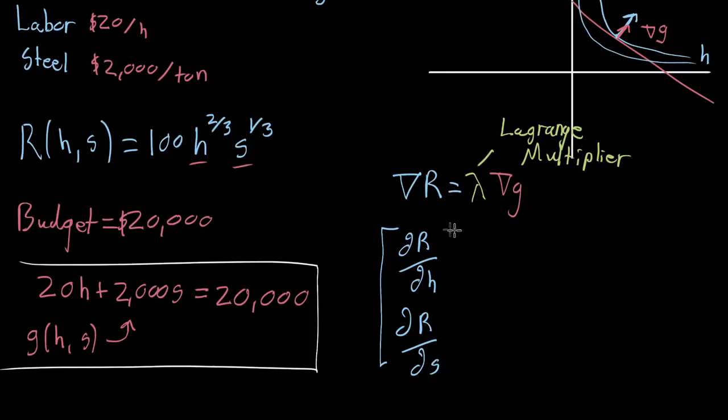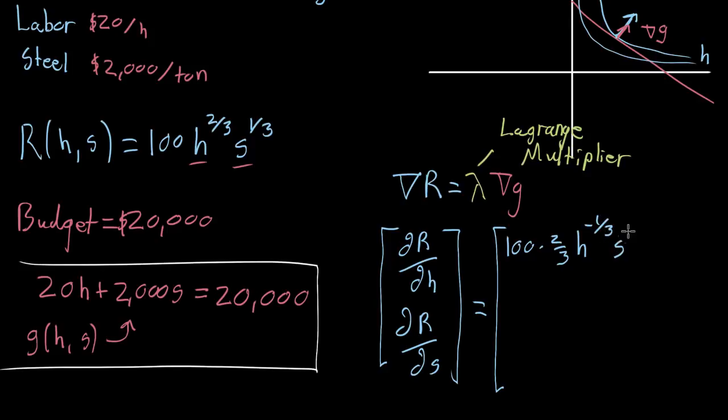And in this case, that first partial derivative, if we treat h as a variable and s as a constant, then that 2/3 gets brought down. So that'll be 100 times 2/3 times h to the power of, well, we've got to subtract 1 from 2/3 when we bring it down.